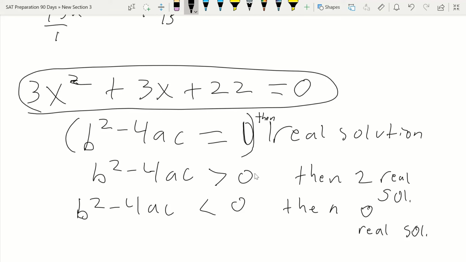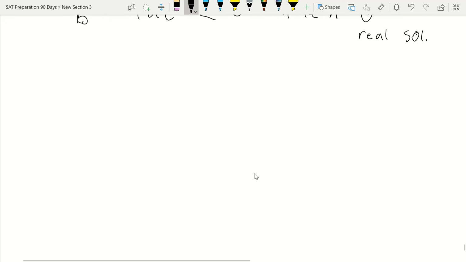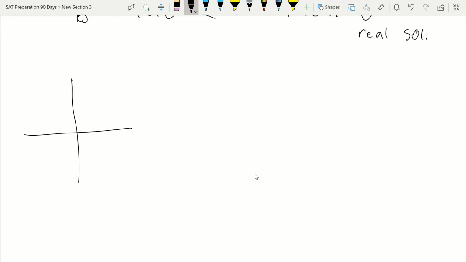All right. So another way that this could look is it could look like a graph. If there is a graph and we had to determine the number of real solutions, let's say that we had a graph that shows up like this. How many real solutions are there? Well, there are 0 real solutions because real solutions are x-intercepts.